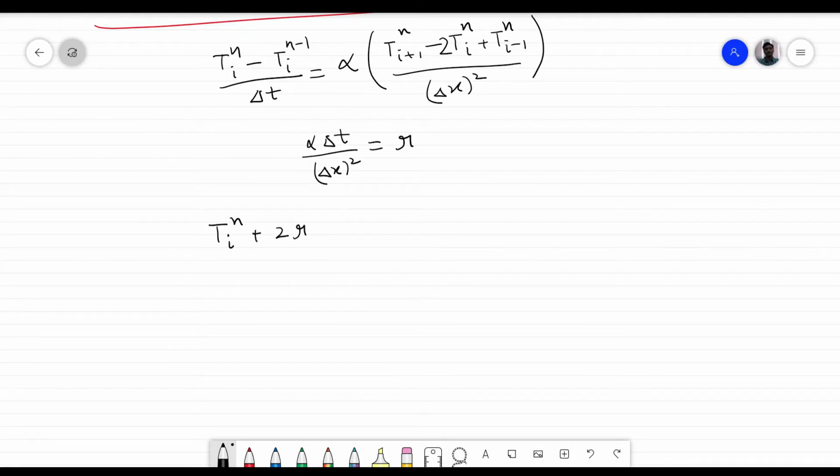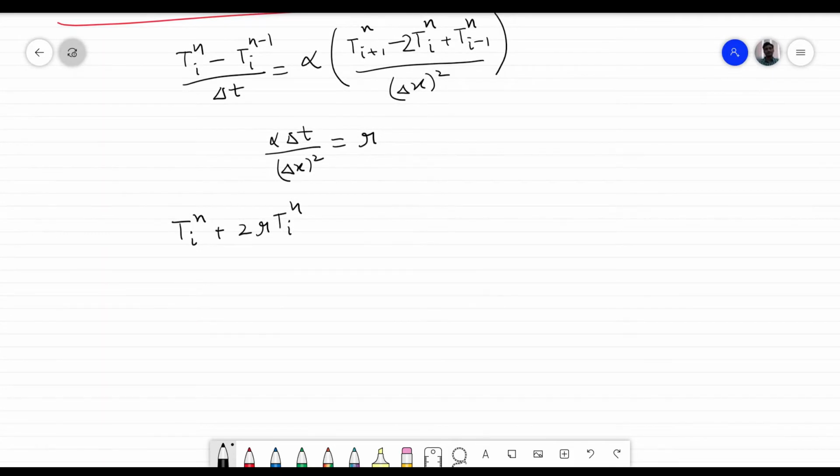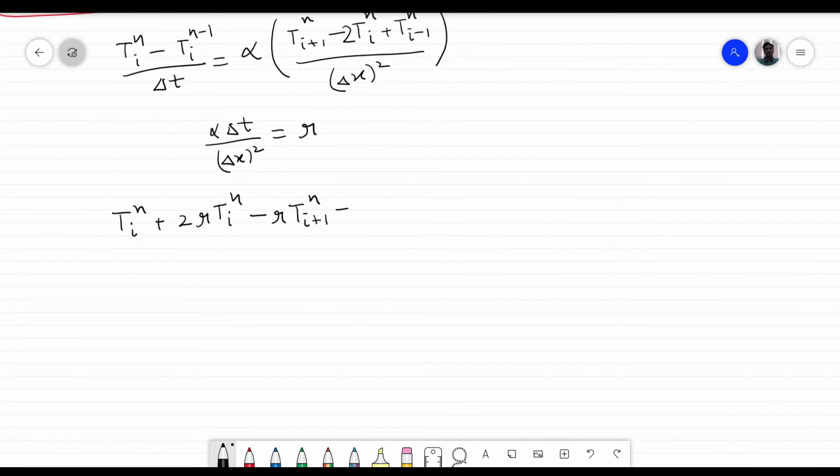So 2r tin. Then additionally you get minus r ti plus 1n and minus r ti minus 1n.